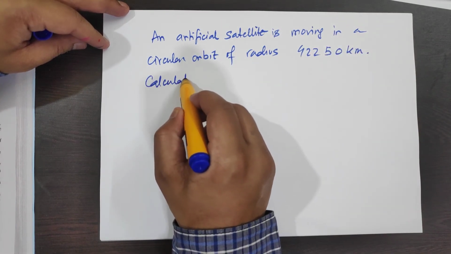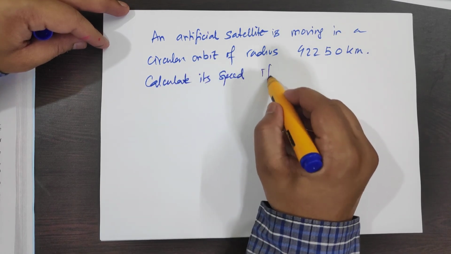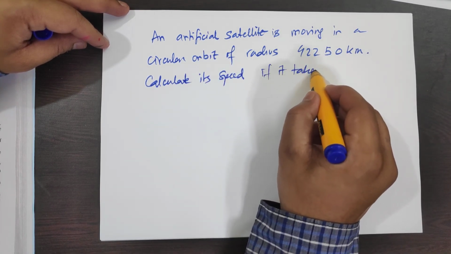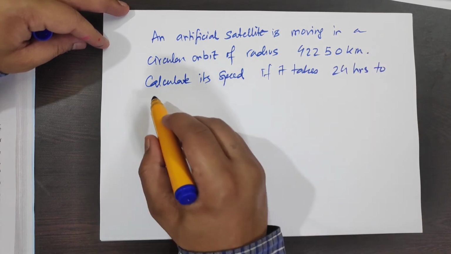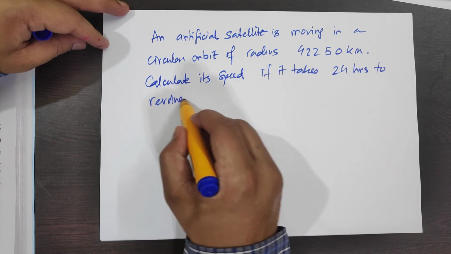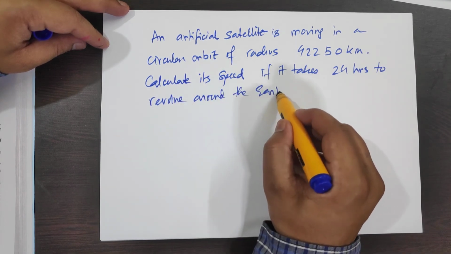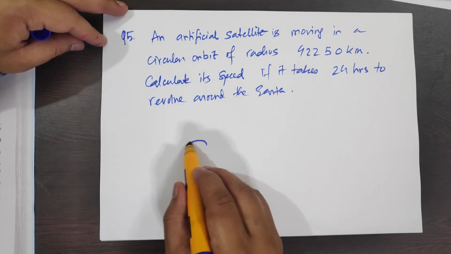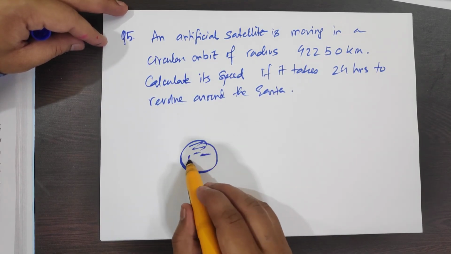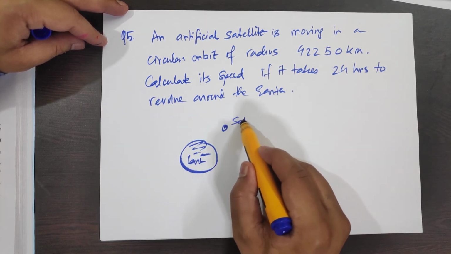Calculate its speed if it takes 24 hours to revolve around the earth. This was question number 5. So that is the earth, and there is an artificial satellite.